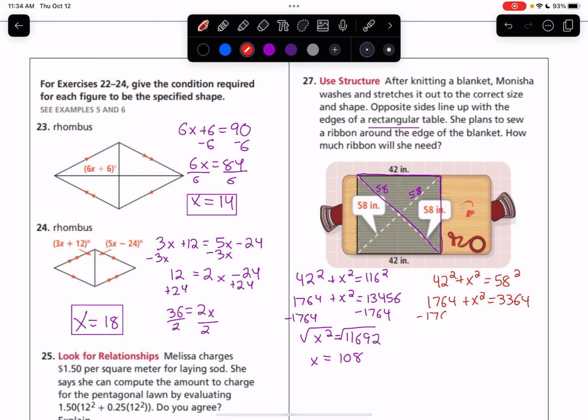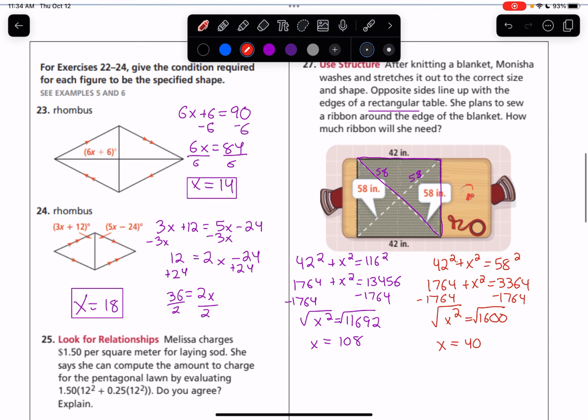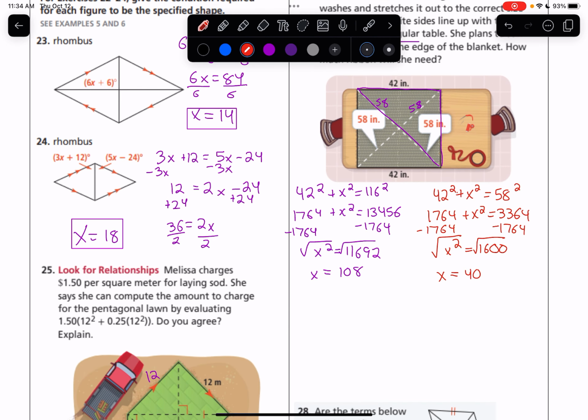Solve. We get 1,600. And then we take the square root of both of those, and we get x equals 40. All right, so either way, either x equals 108 or x equals 40.